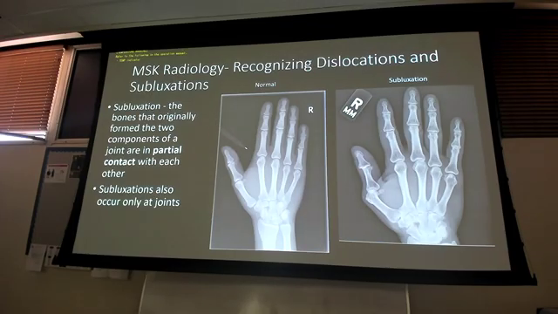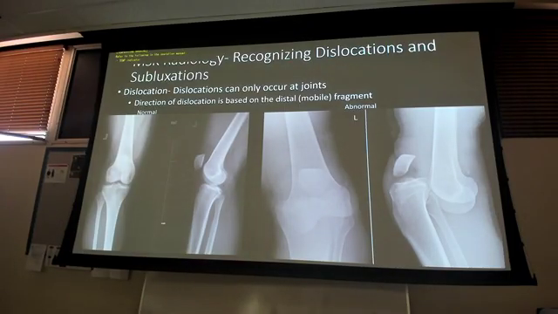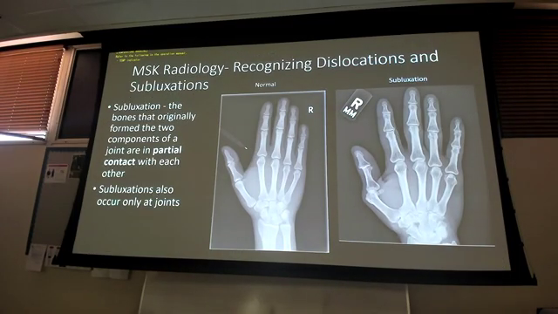But you have your dislocation where I have complete separation between the two bones. They're separated, they are not touching anymore. Then I have subluxation. Subluxation is where it has started to shift, but it hasn't entirely shifted yet. So here's my normal, look at how my thumb is sitting.